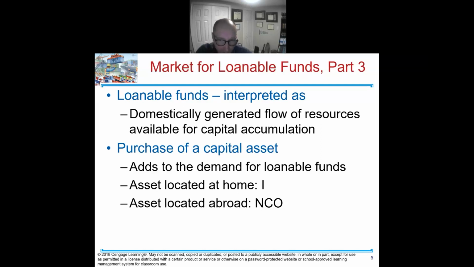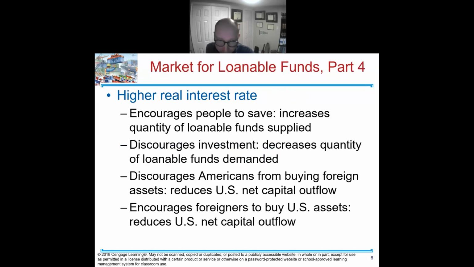The purchase of capital assets comes from the addition of demand for loanable funds, the assets being located domestically, investment, and the assets being located abroad, net capital outflow. So if you think of assets as being stocks, bonds, or other tangible assets, property, plant, equipment.